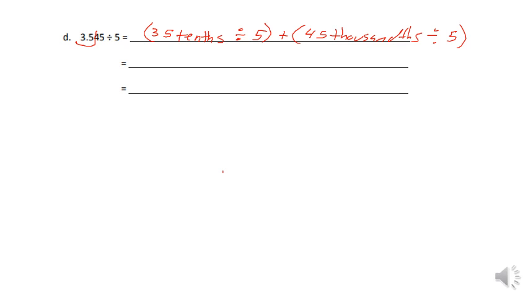Well, I know 35 divided by 5 is 7, so 35 tenths divided by 5 is going to be 7 tenths, plus 45 thousandths divided by 5. Well, 45 divided by 5 is 9, so that is going to be 9 thousandths. And we write it in standard form. We know we have 7 tenths and 9 thousandths.